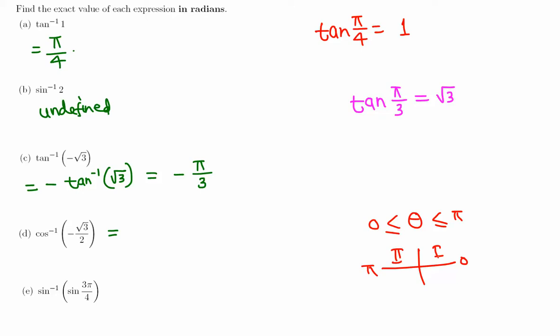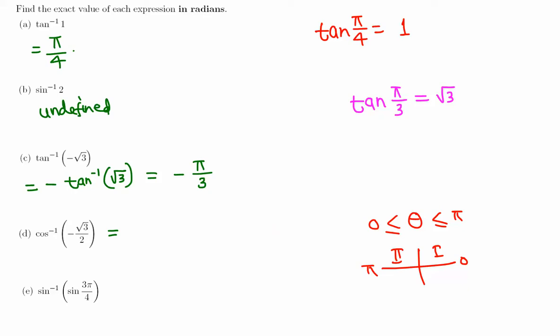So we are looking for an angle whose cosine is -√3 over 2, and since cosine is negative in the second quadrant, our answer should be in the second quadrant.